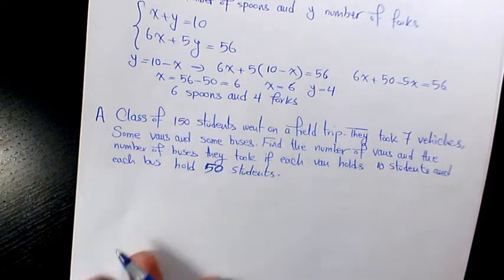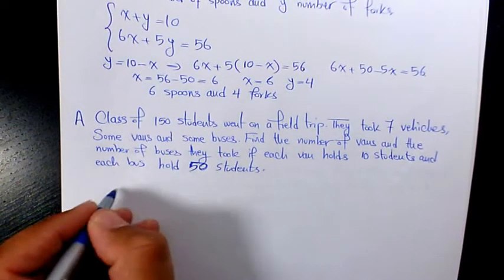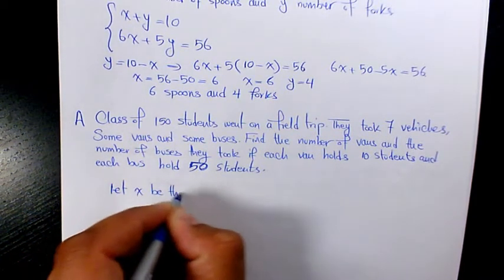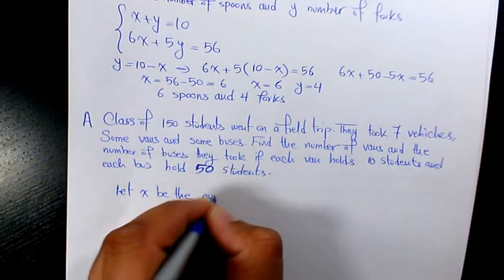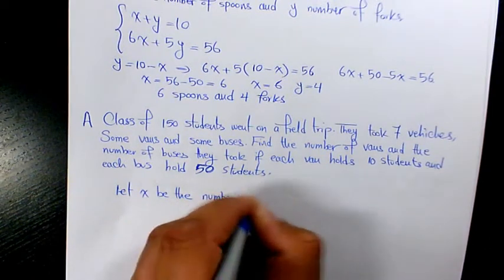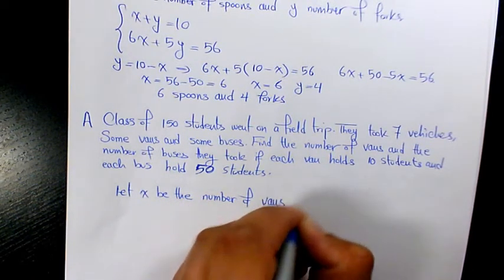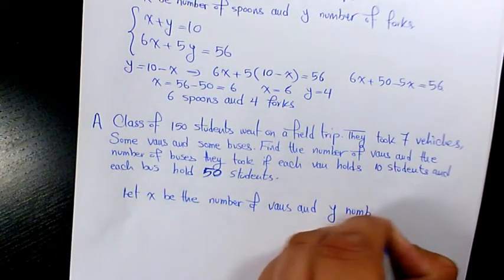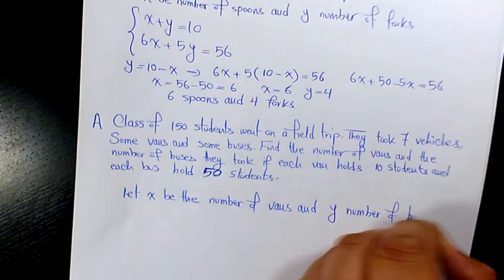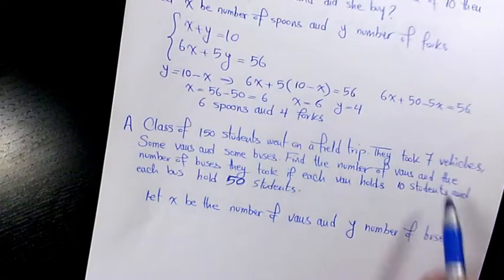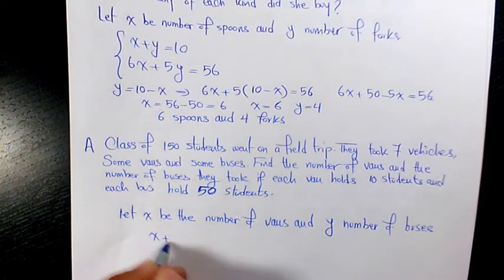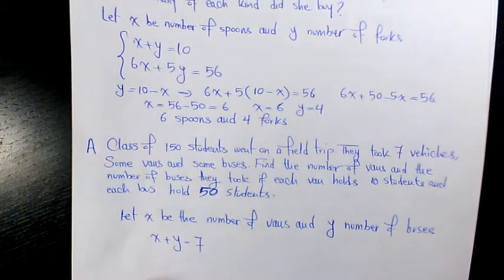Very similar to the previous example, I'm going to say let x be the number of vans and y the number of buses. Since our total number of vehicles is 7, we're going to say x plus y is 7.